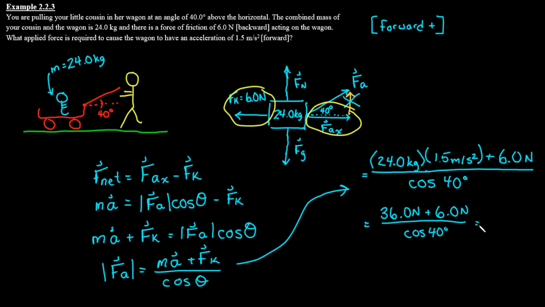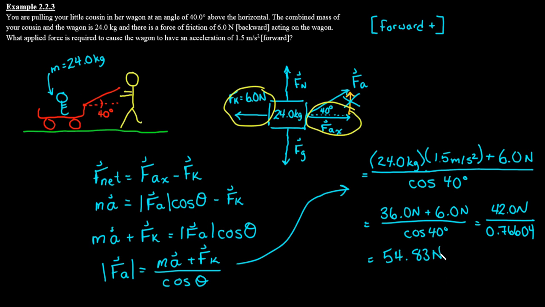So what we're getting is 42 newtons divided by cos 40. Cos 40 is 0.76604. So when we divide 42 by that value, we end up with 54.83 newtons.